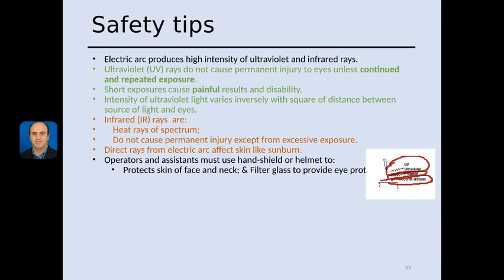In order to protect the eyes from the UV light, the welder must wear a special helmet. The helmet has a dark viewing window that is going to filter out the dangerous radiation.